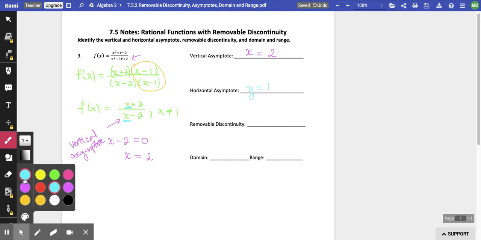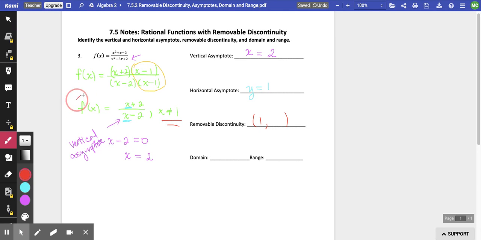Okay, next up, the removable discontinuity. In order to find the removable discontinuity now, the x value is just the x value that we said was not allowed. It's the x that makes the factor that canceled out equal 0. So I'll go ahead and write that down. But I also need the y value that goes along with that.